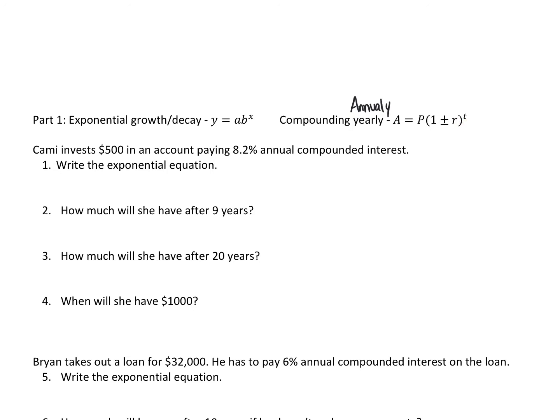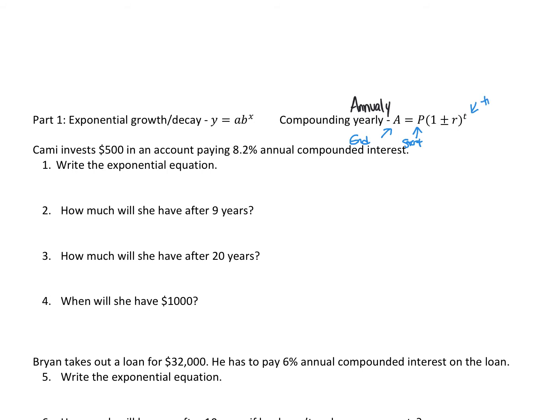So although the letters are different, a lot of the meanings are the same. So the A is the end amount, P is the start amount. It's called P because it's the principal amount, so it's the starting amount.